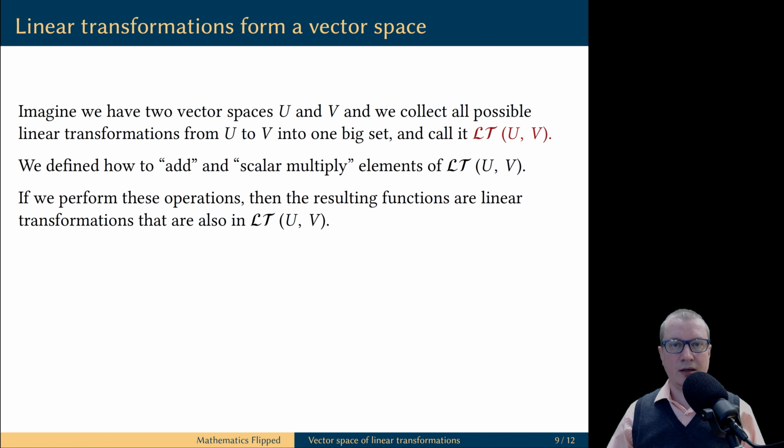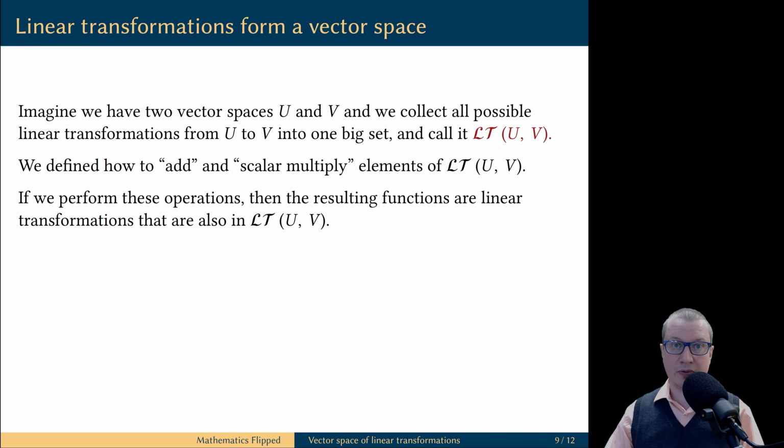But if you think carefully about what we have just done, you will realize the following. We have defined two operations on the set of all possible linear transformations from a vector space U to a vector space V. We learned how to add two linear transformations.